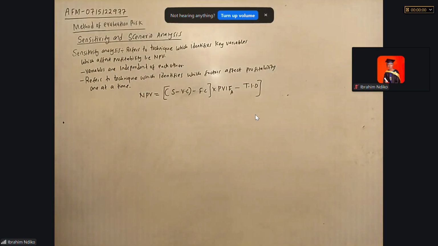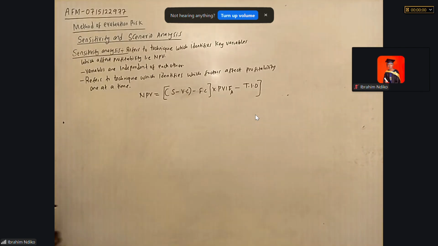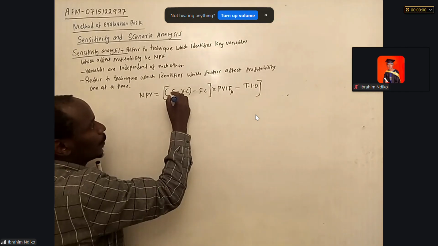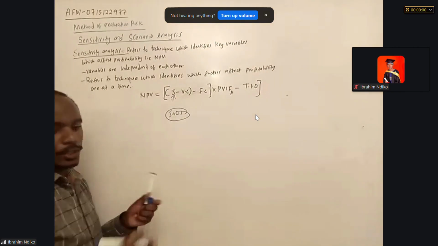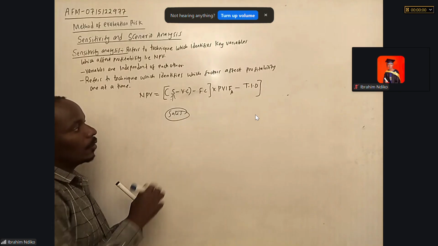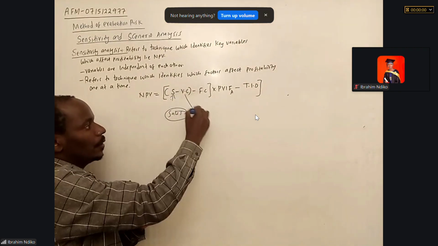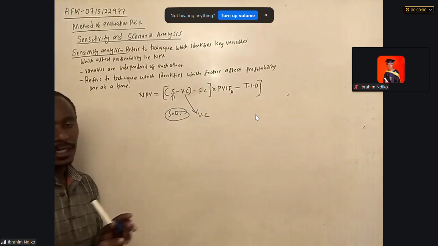So that's our method for calculating NPV. Now for sensitivity analysis, we analyze each factor separately. For example, we analyze sales first and then check how it affects our profit separately. Once we are done with sales, we do variable cost separately.